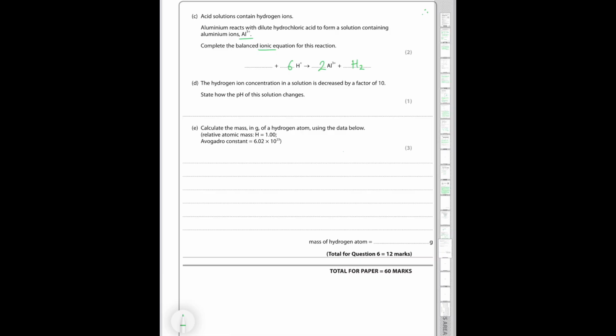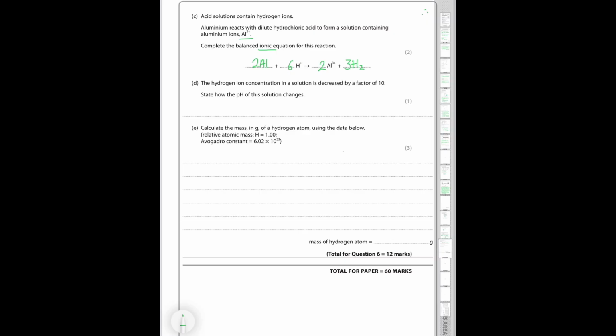Now, if we've got 6 H+ ions, we need to make 6 hydrogen atoms, so that would be 3 H2 molecules. And if we end up with 2 aluminium ions, we must start off with 2 aluminium atoms.